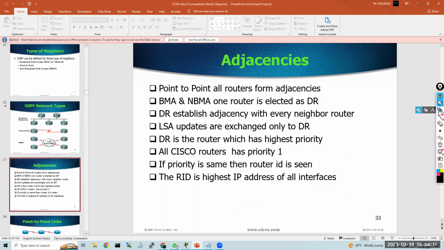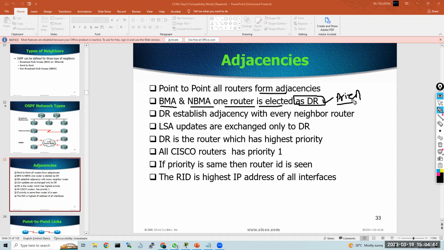Now, how will the DR-BDR election process happen? For point to point, the network will form the adjacency and doesn't require any election process. For broadcast multiple access and non-broadcast multiple access, one router is elected as a DR. DR means nothing but a president of the country, team leader, head.